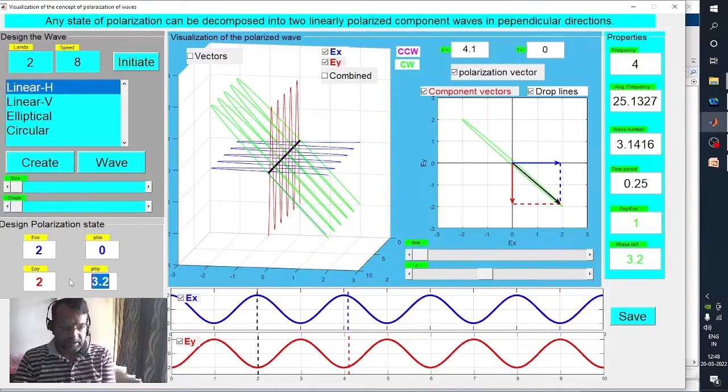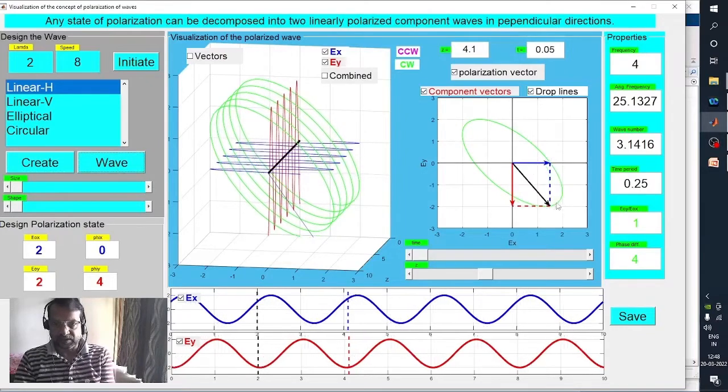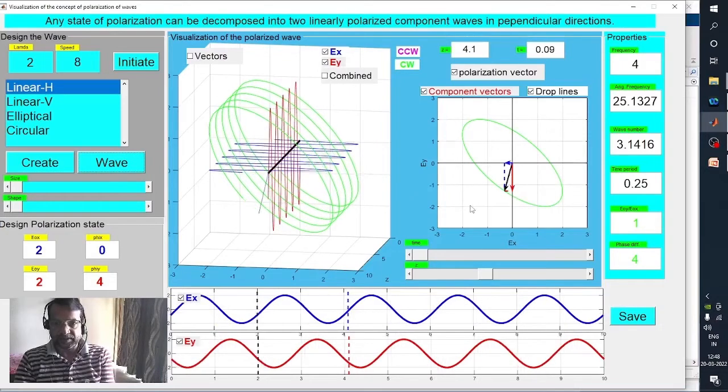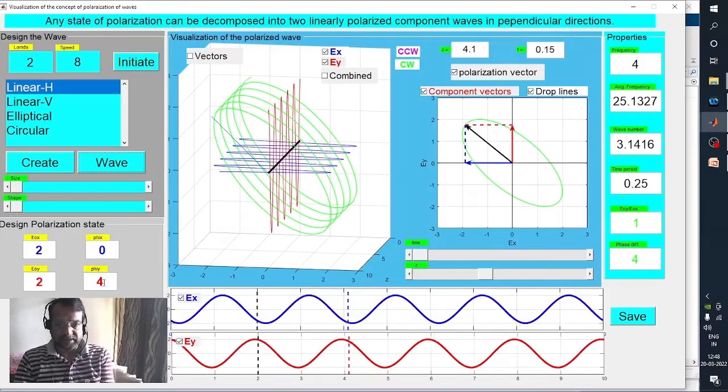And if I further increase, the bulginess increases. At 4.71, remember it became a circle. Let us observe this. So there is a clockwise rotation. The phase difference is 4 radians.